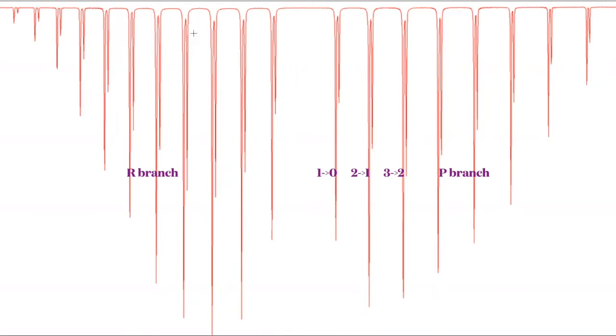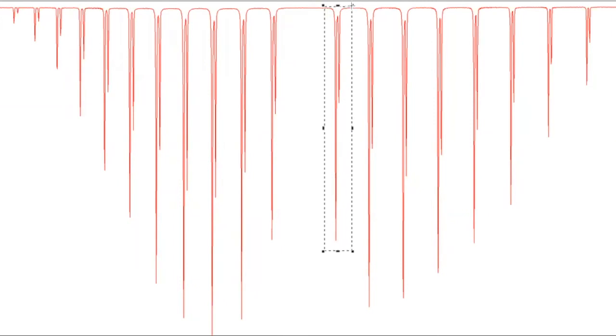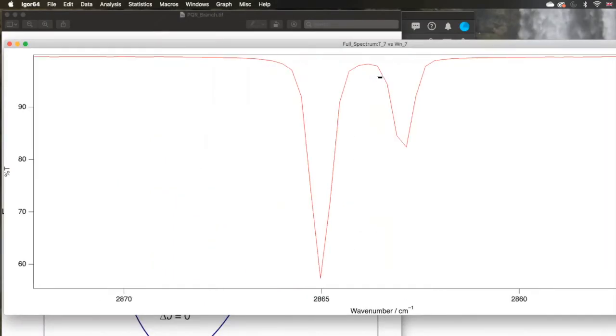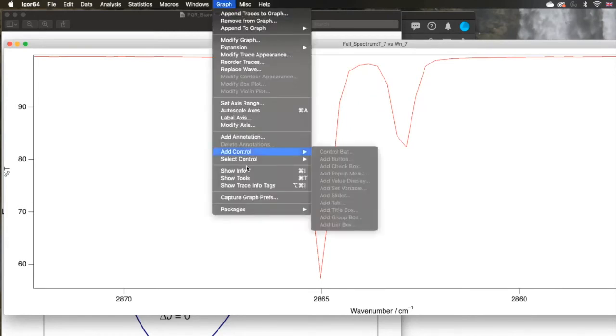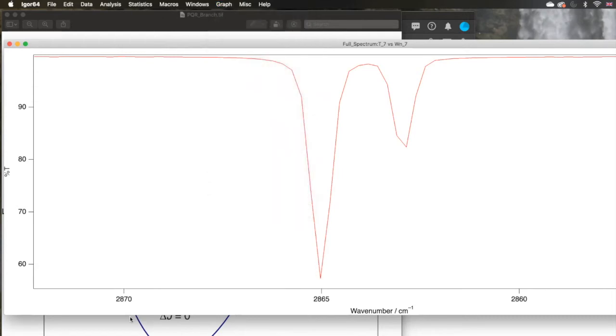R branch starts at J equals 0. P branch starts at J equals 1. And now we can read off the wave number of each one of these transitions. How do we do that, right? Well, of course, we can go in there and grab a tool.